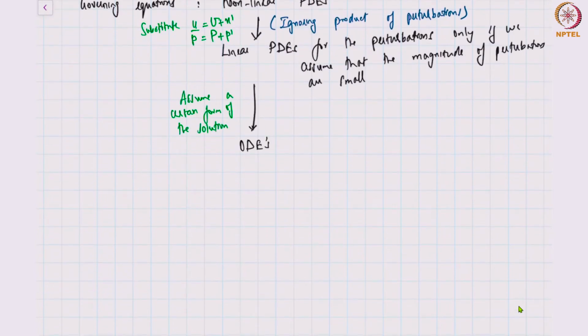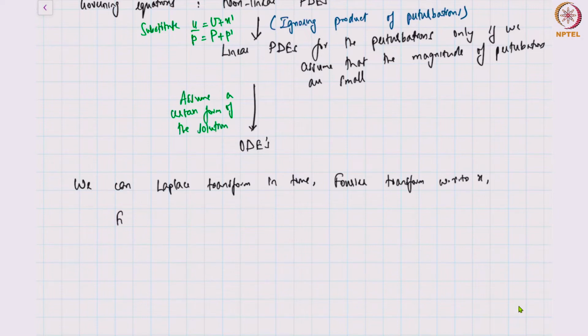To achieve this simplification, we will assume we can take a Laplace transform with respect to time, a Fourier transform with respect to x, and in this case a Fourier series with respect to theta.